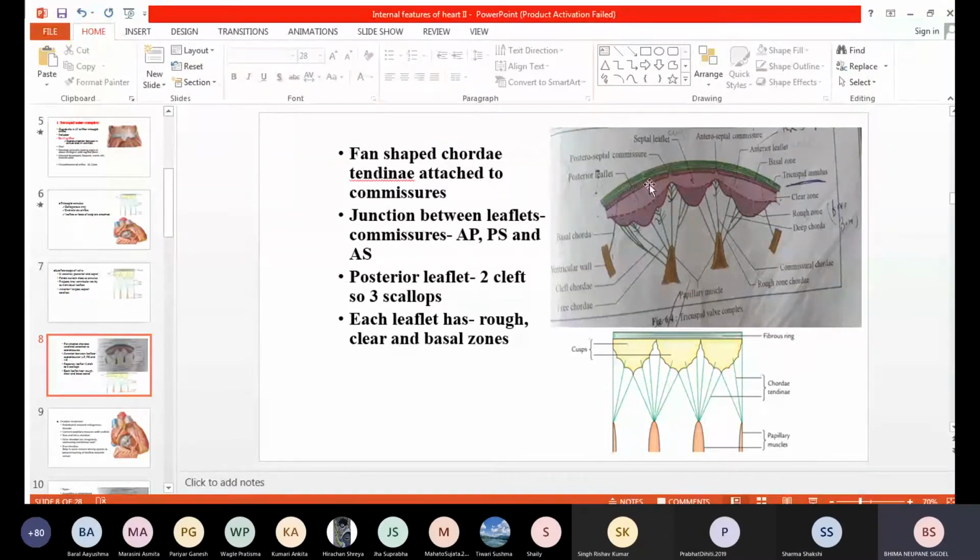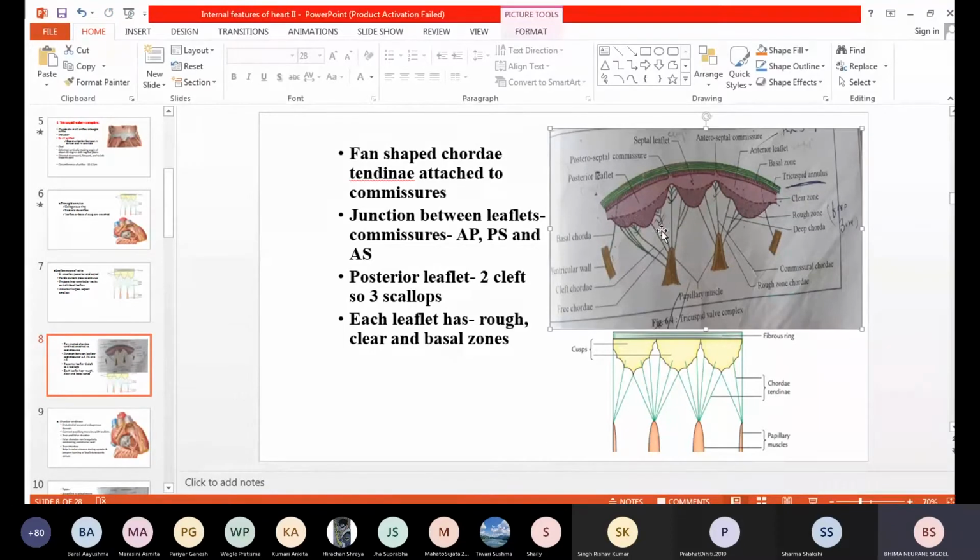The middle part is the clear zone, and the anterior part is known as the rough zone, because of the direct attachment of the chordae tendineae. So the anterior is the rough zone, and the middle is the clear zone, where there is no attachment of the chordae tendineae, whereas in the basal zone the basal chordae tendineae are sometimes attached.